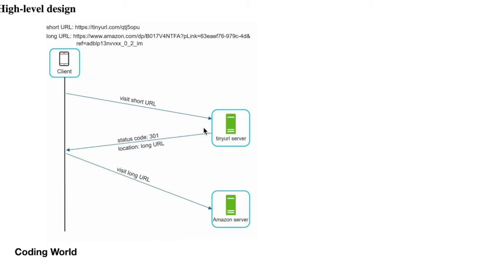For that it will do a lookup into a map or a DB, and that will be brought up, and it will be moved to the long URL, and you will start seeing that long URL data. This is the basic high level design of the tiny URL or URL shortening. So we will see each part in detail in the next slide.